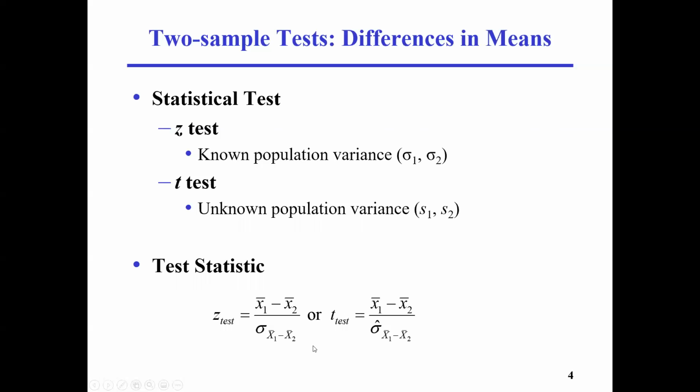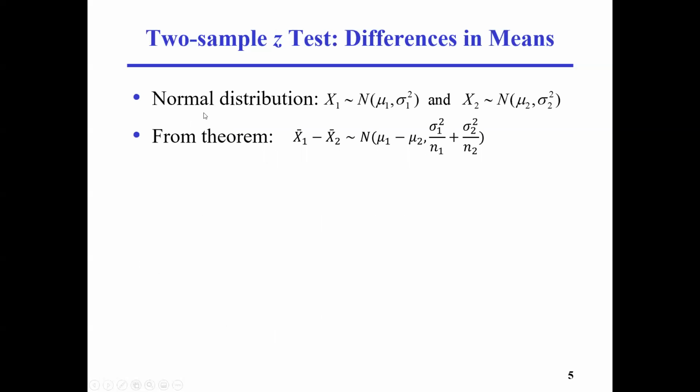Okay, so we have assumed that the two populations or two groups, X1 and X2, both follow normal distributions, right? With mu1 and mu2 as means, sigma 1 and sigma 2 as standard deviations.